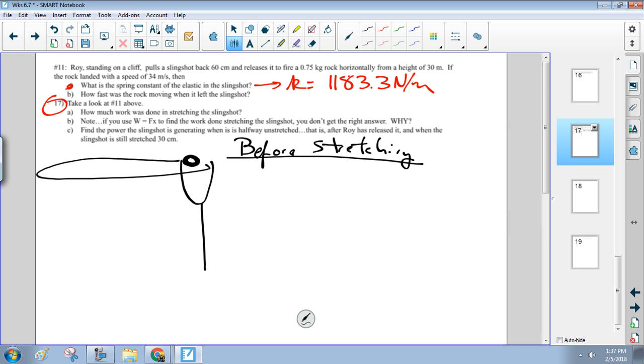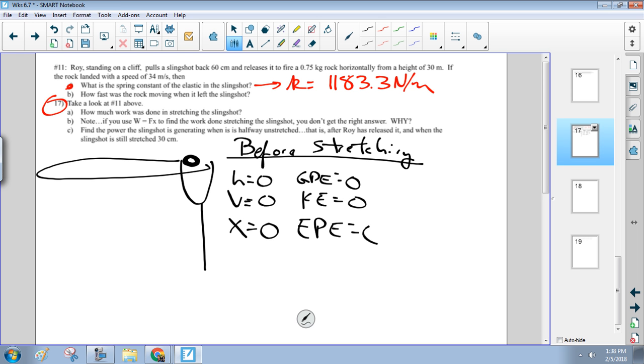We can call whatever height it's at 0, and therefore the GPE is 0. The velocity is 0, which means the kinetic energy is 0. And we haven't stretched it yet, which means our elastic potential energy is 0. And therefore, our total energy right now is 0. Everybody okay with that?